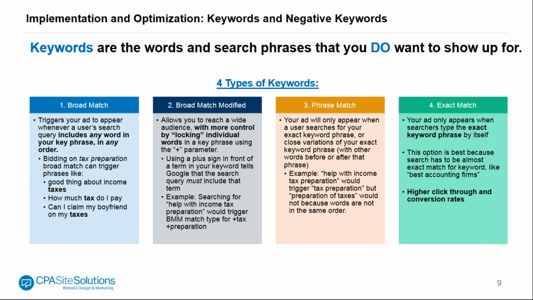So the words that you are targeting on a phrase match type means that all of those words need to appear in the search query in that order. And then exact match is self-explanatory. It has to match the search query exactly. And with exact matches, we typically see higher click-through rates and conversion rates because that's exactly what the searcher intends to do.